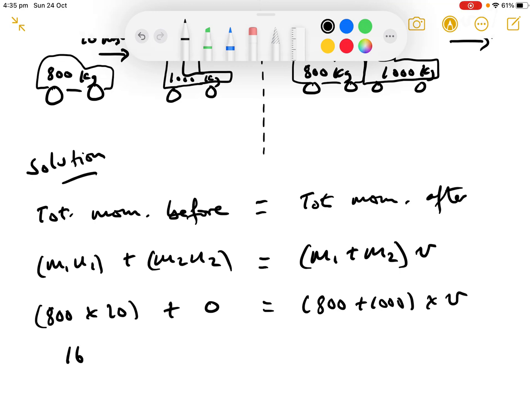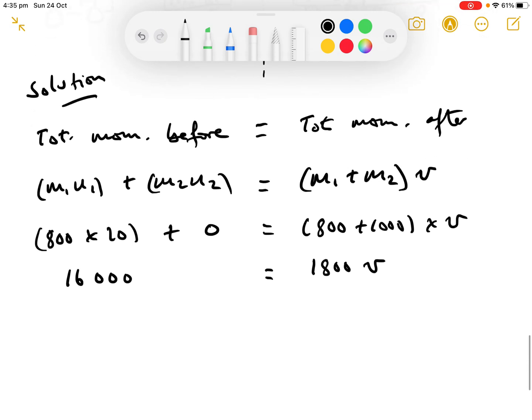So that gives us 16,000 kilograms meters per second, and that equals 1800 v.